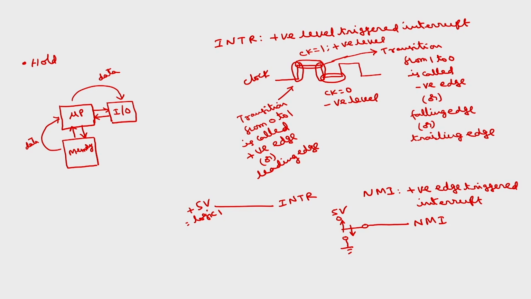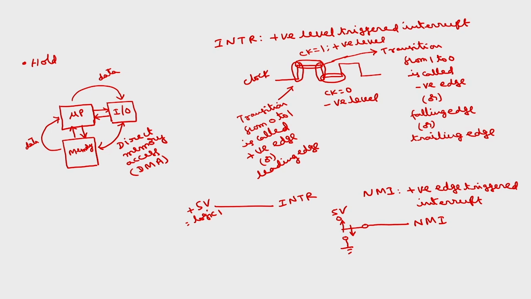So, instead of that, if I directly transfer the data from memory to IO or IO to memory, this is called direct memory access, DMA. We can do this direct memory access to save time.